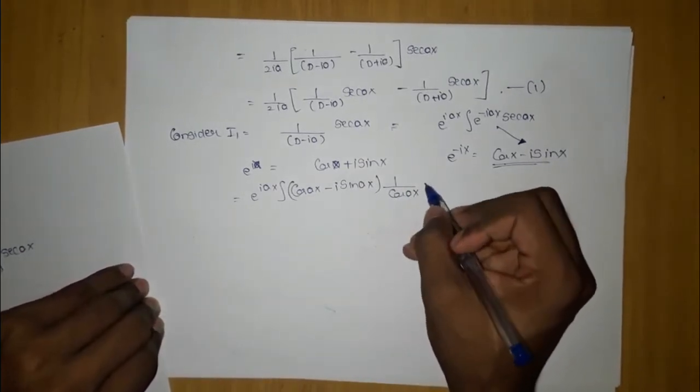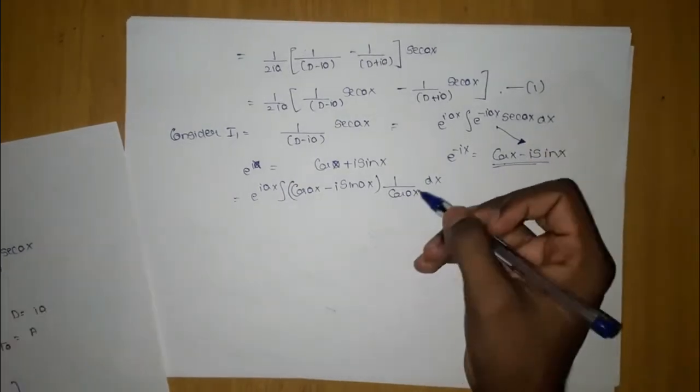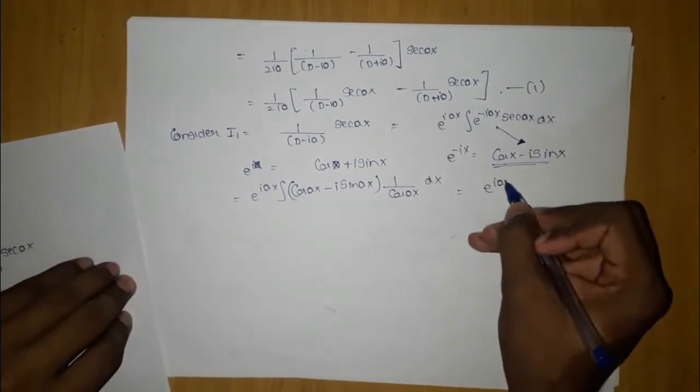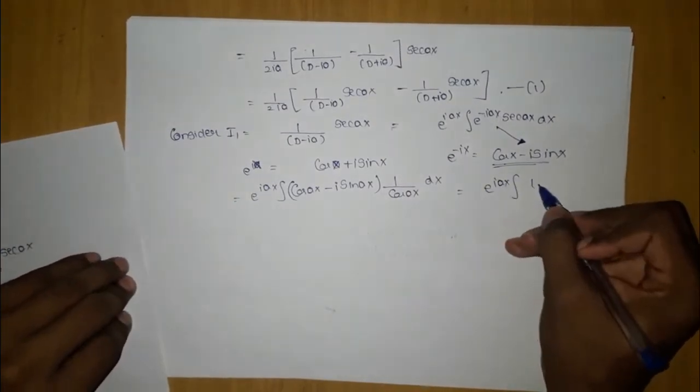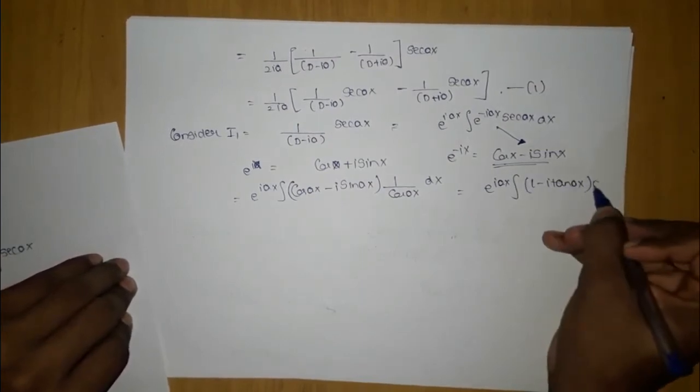After this, since integration is there, dx will be there, you are going to multiply this, and you will get e to the power iax integral 1 minus i tan ax, right, into dx.